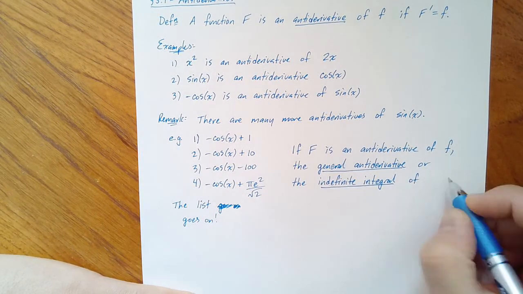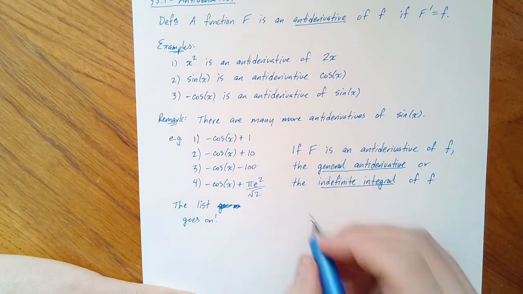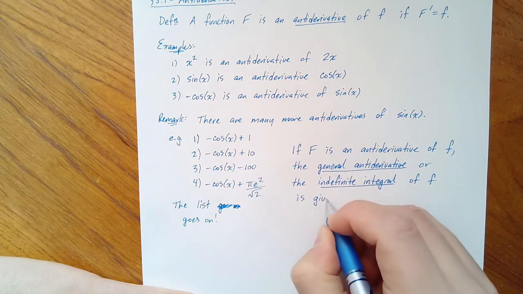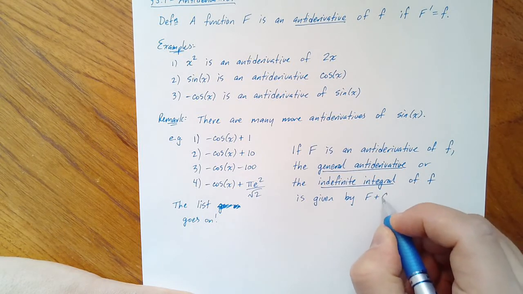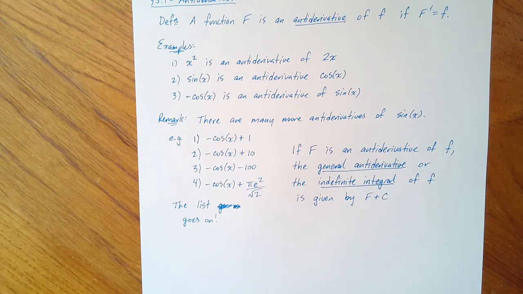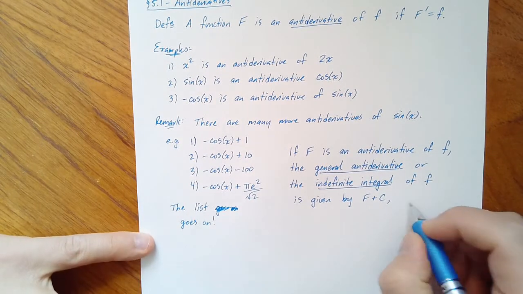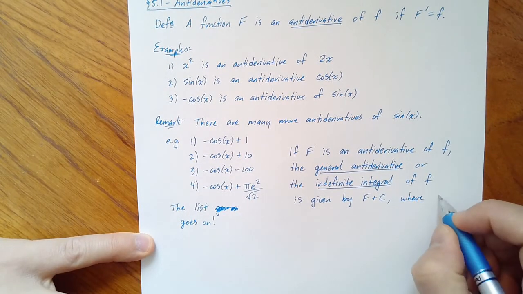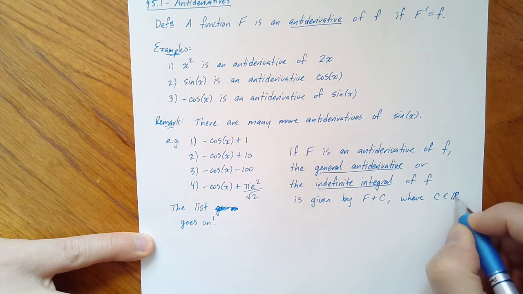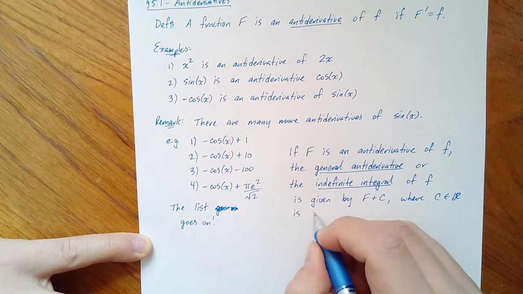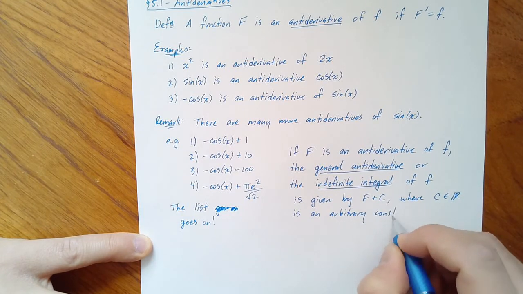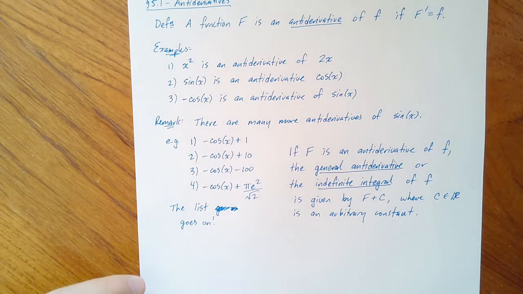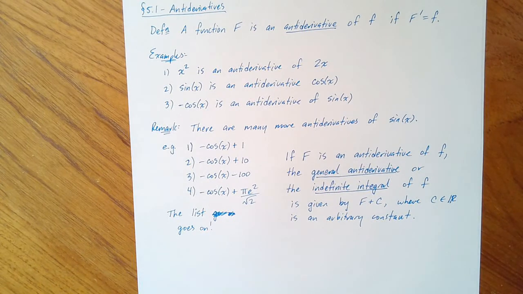The general antiderivative of the function little f is given by capital F plus c, where we use c to represent some arbitrary constant. I'll say where c in the reals is an arbitrary constant. So it could be anything at all as long as it's constant.